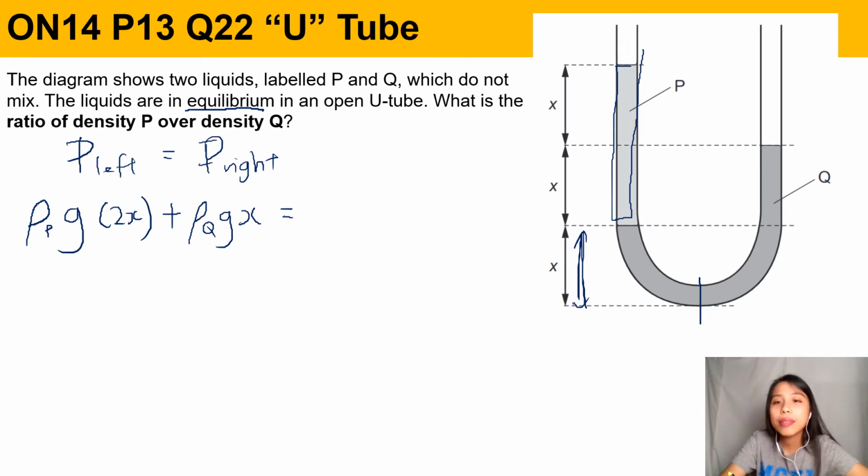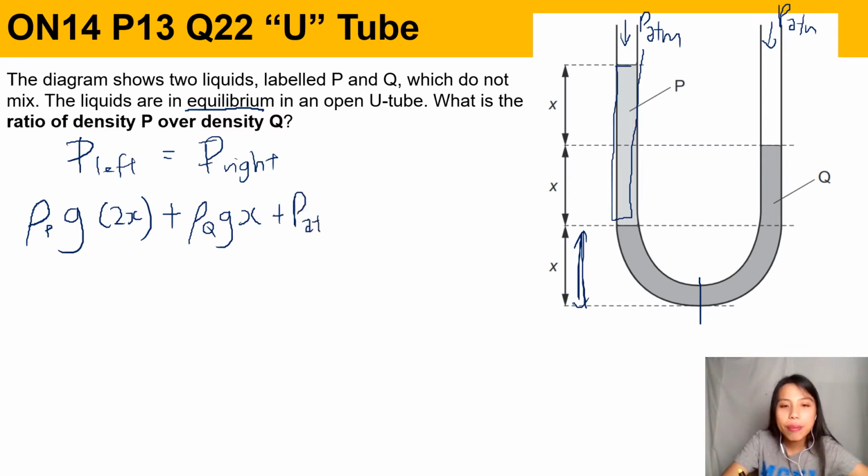On the right side, what do we have? We only have Q. I forgot to mention, you see how this is open air? The tube is open, right? It means there is actually atmospheric pressure also here, and the other side also has it. But you will see that they actually cancel out because both are open. Okay, let's write it down.